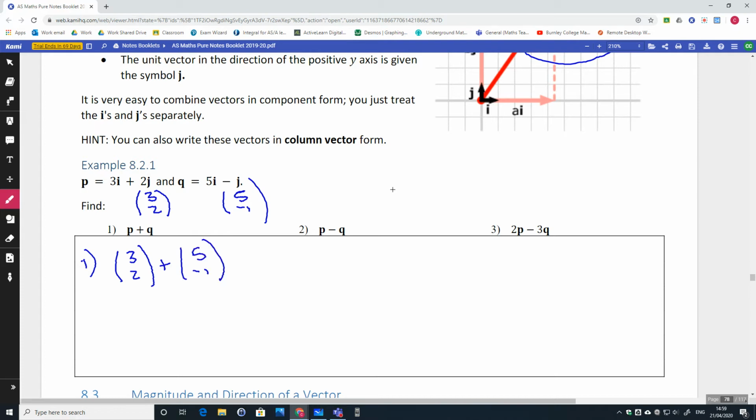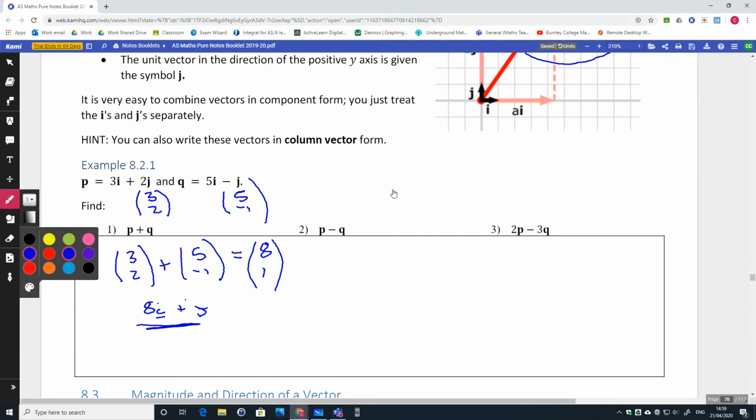And by writing it like this, you are working on your top row and your bottom row separately. So 5 add 3 is 8 and 2 minus 1 is 1. However, if the question is in ij notation, you want to go back to ij notation in terms of writing your final answer out. So I would write it like that.